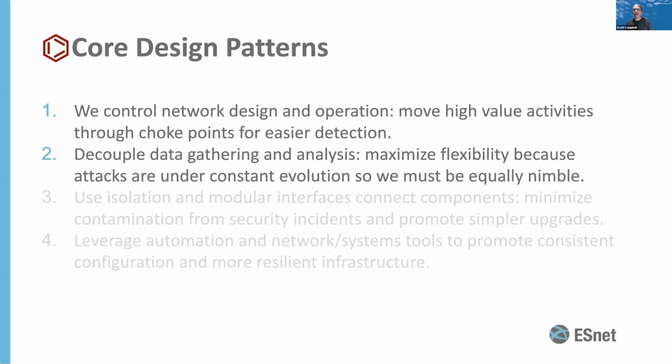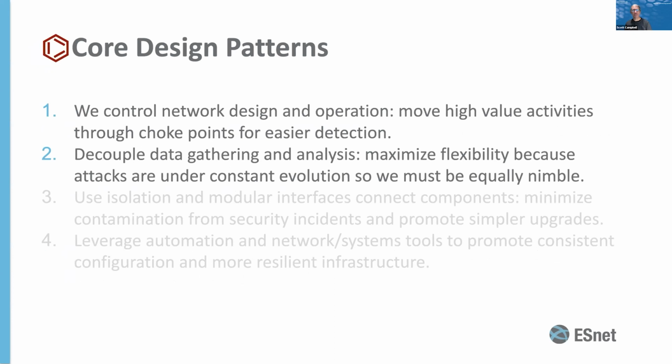In designing the security parts of the network, we had 4 basic design patterns that we use. 2 of them apply directly to the management net, and I think they're pretty important. We control the design and operation, so we can move high-value activities through choke points. If someone is doing something malicious on the management net, you can force that traffic through places where you're looking because it's your network.